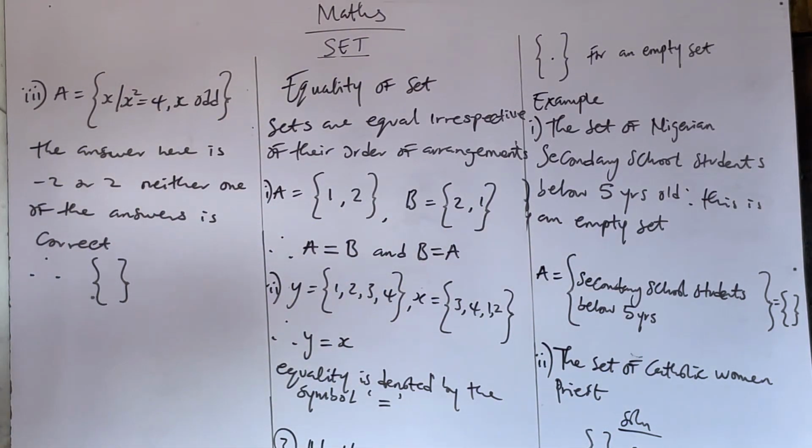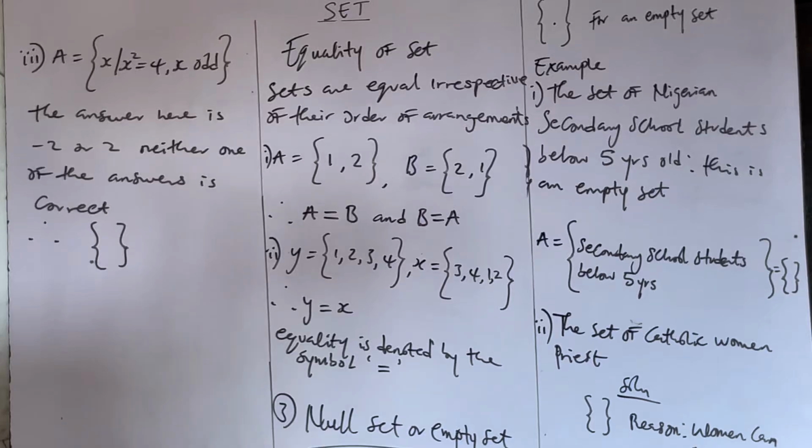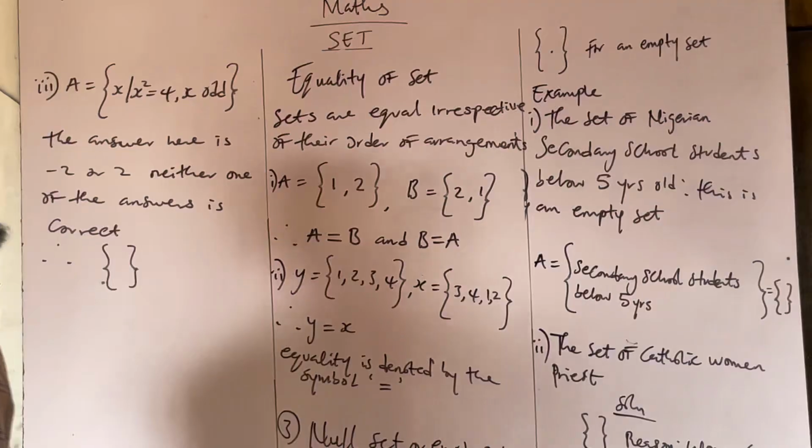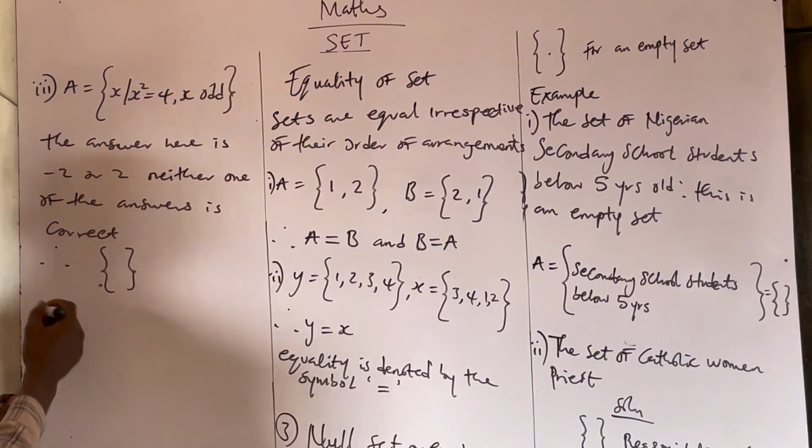So the next one in our agenda is subset and superset. What's going to be there? Number 4 now.